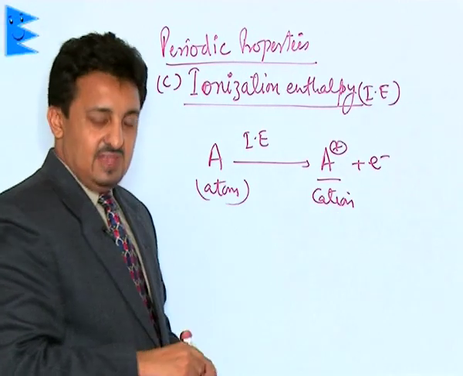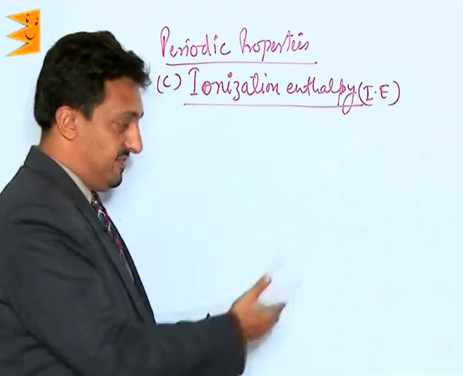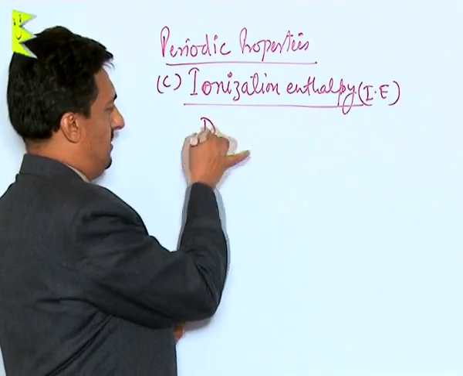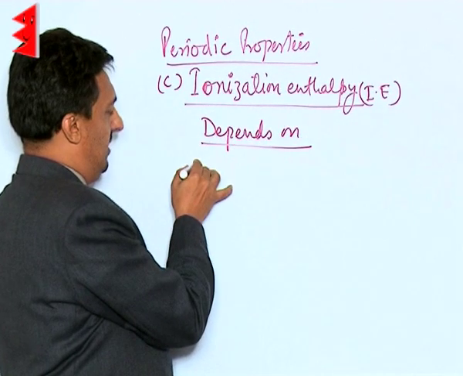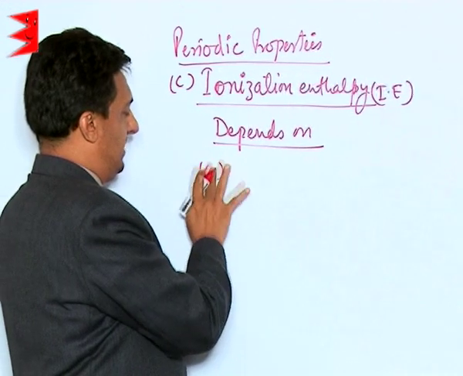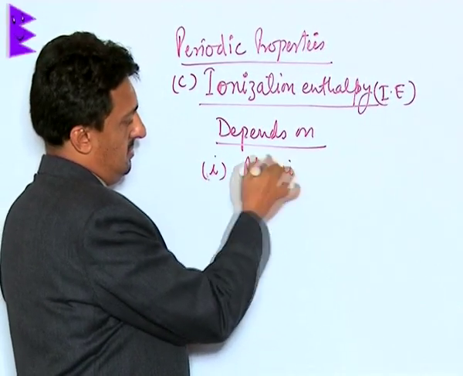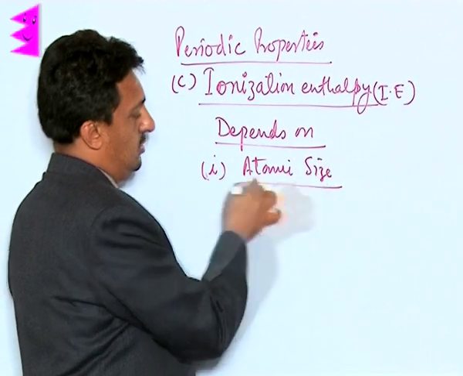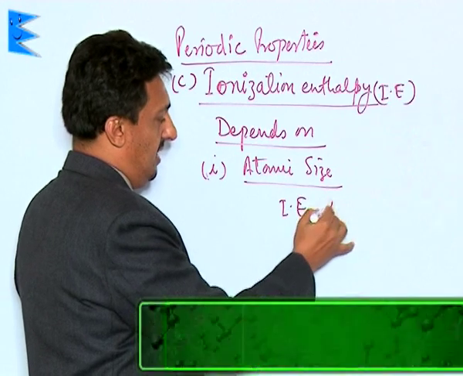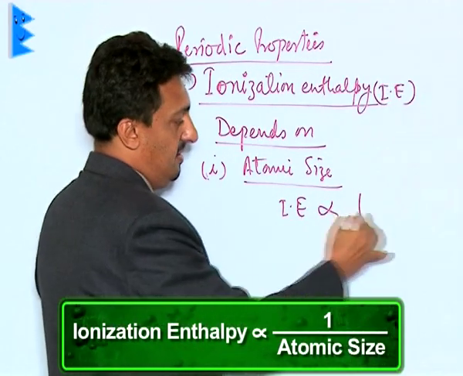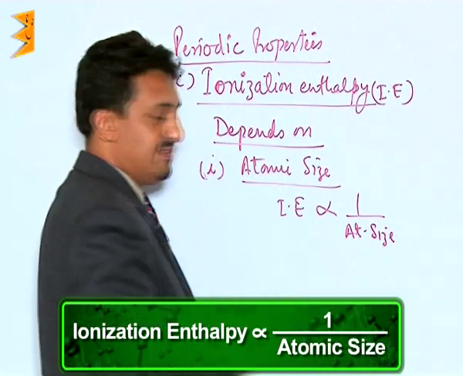Now, this energy, as we have seen in the formula, depends on the first factor, which is atomic size. Always remember, ionization enthalpy is inversely proportional to atomic size.